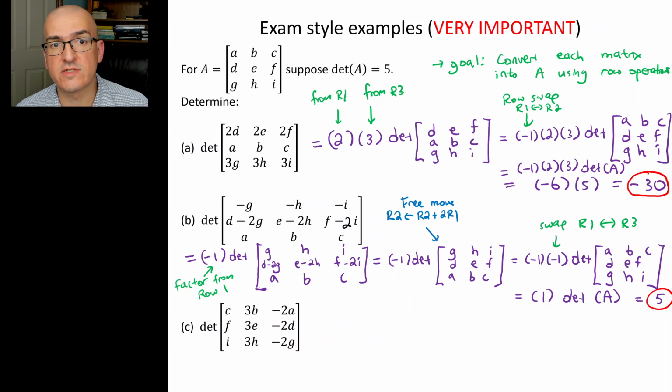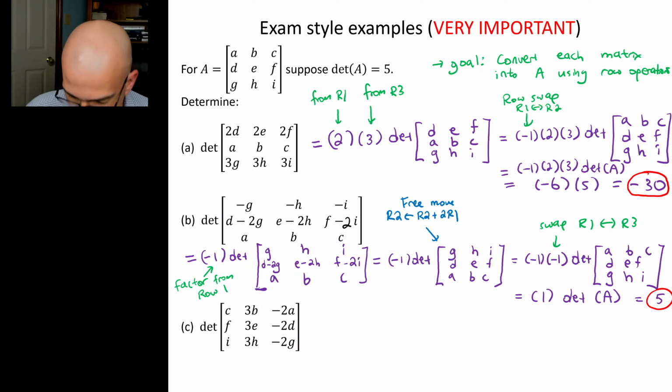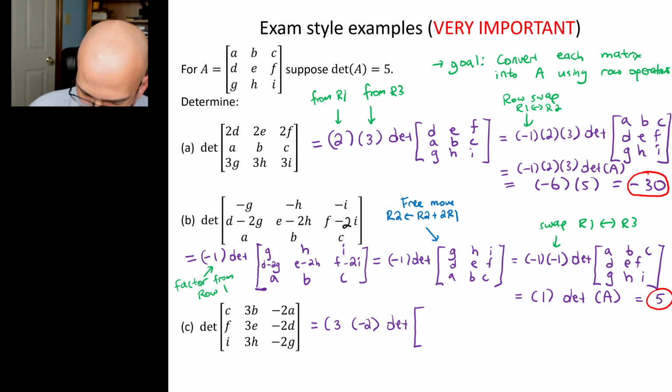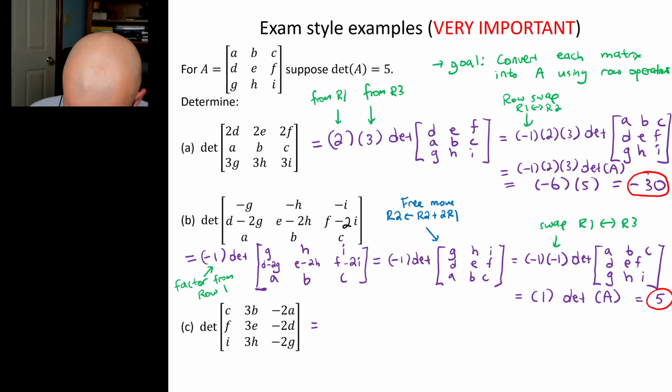I'm going to factor constants out of the columns this time. So this is going to be a 3 times a -2 times the determinant of. I'm going to change colors for this one because it's gonna get a little bit messy if I don't. It'll be hard to tell what's happening from the other ones.